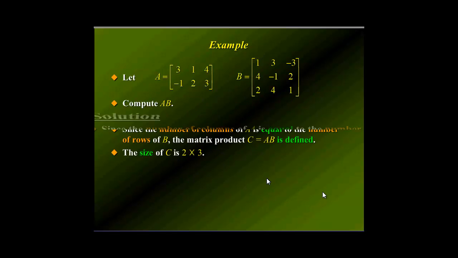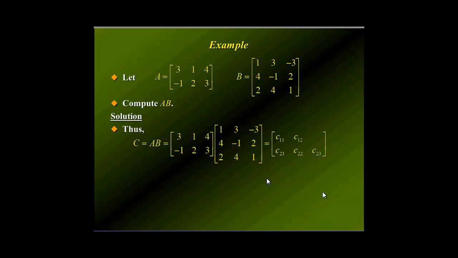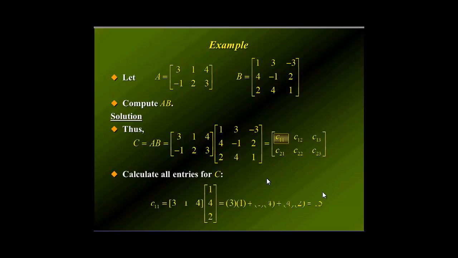So these are just the revisions of how we can do this. These are examples of products of two matrices. It shows how we can solve these matrices. First row, first column, then first row, second column, like this, 3 1 4.